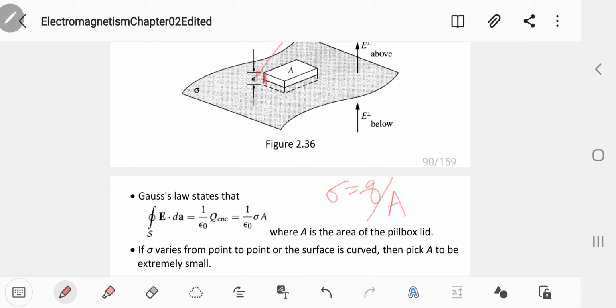So the charge enclosed over the area is sigma, so this is A, and sigma equals Q enclosed over area, so that your Q enclosed will be sigma times A.